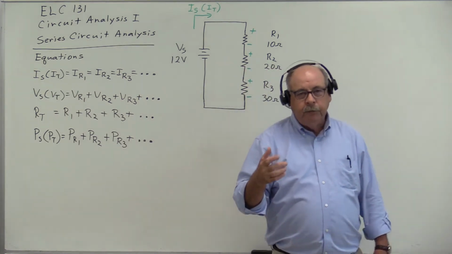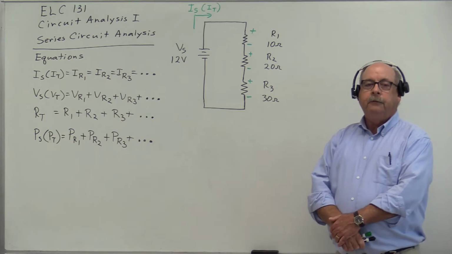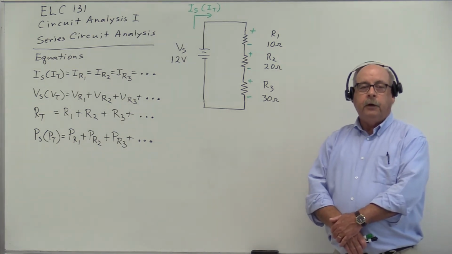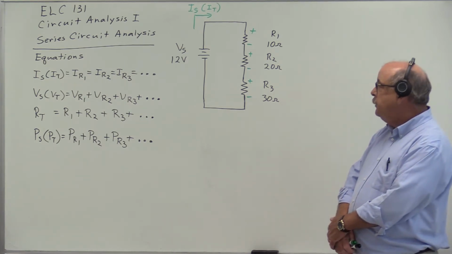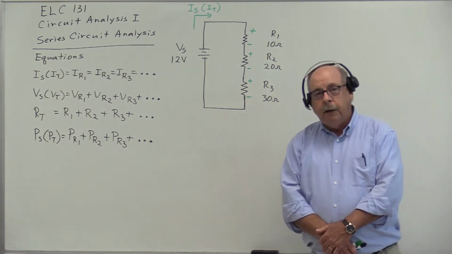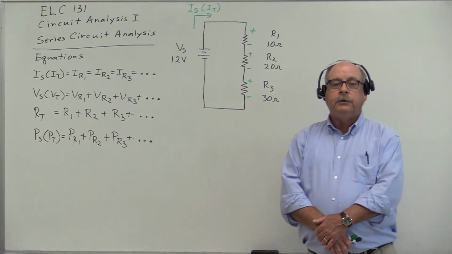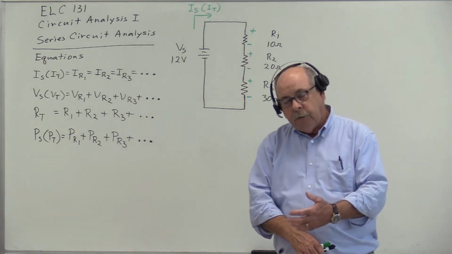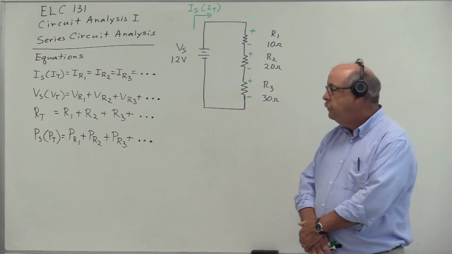So we can say that V source, also named or termed V total, equals VR1 plus VR2 plus VR3 plus ..., again symbolizing that regardless of how many resistors we connect in series, the sum of their voltage drops will add up to the source voltage or total voltage applied to this series combination.